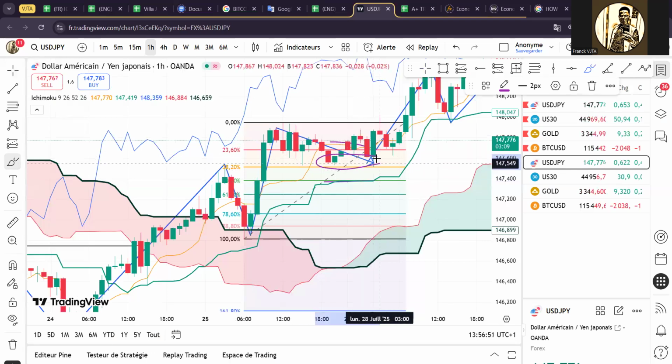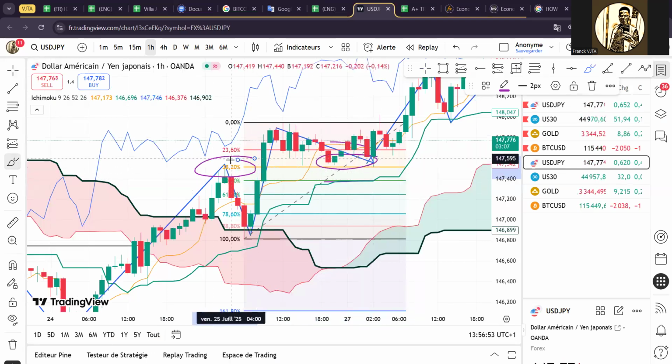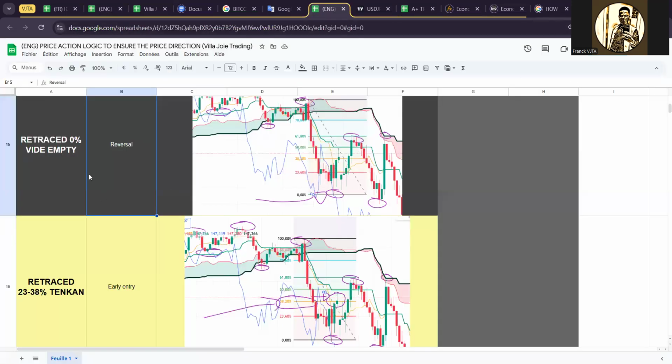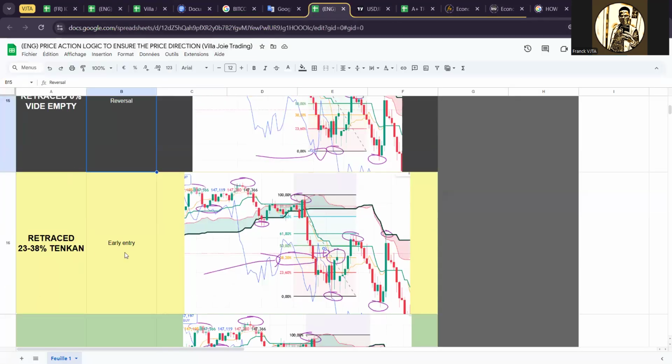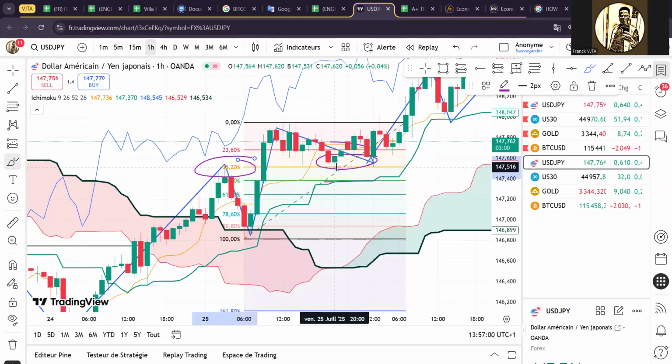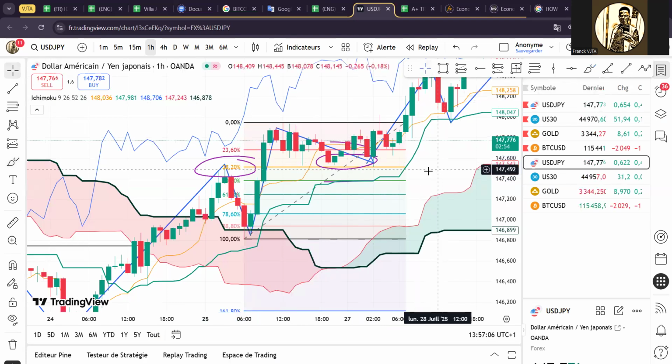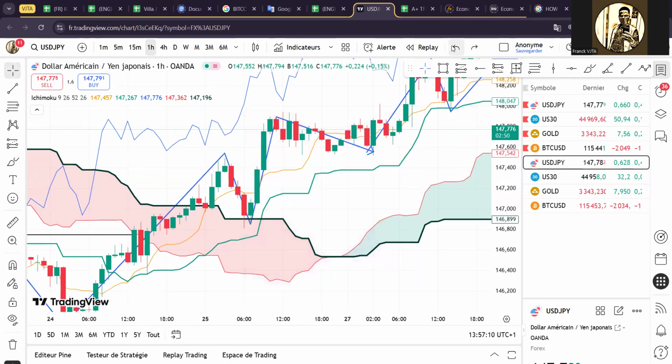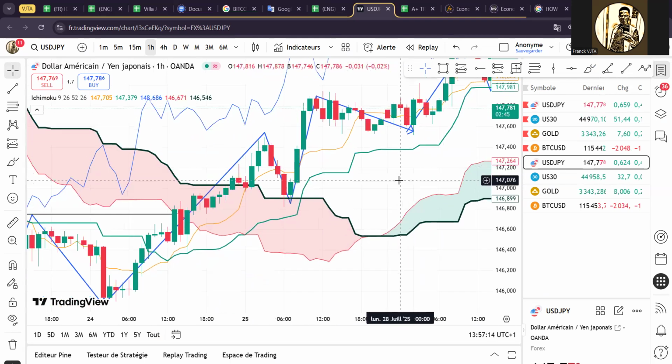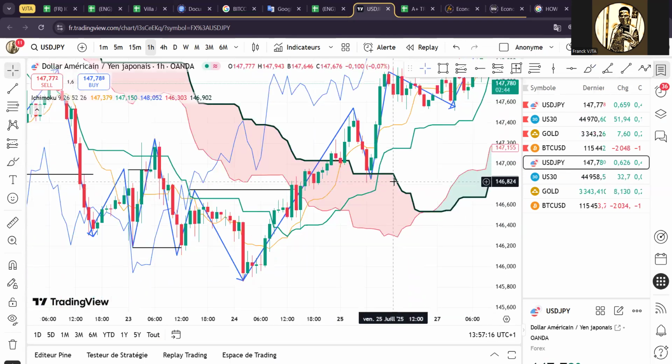And at the same time, they are at the 38% level. Just at the 38% level. Yeah, it's a great entry. So Tenkan corresponds to Fibonacci 38%. Basically, that's what I mean here. This Tenkan is 38% Fibonacci, right? Okay.